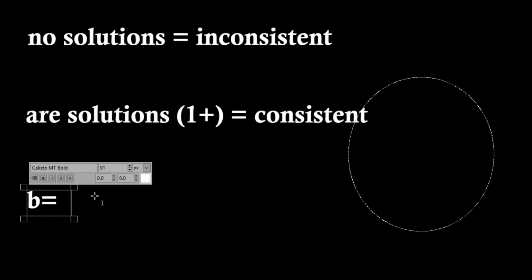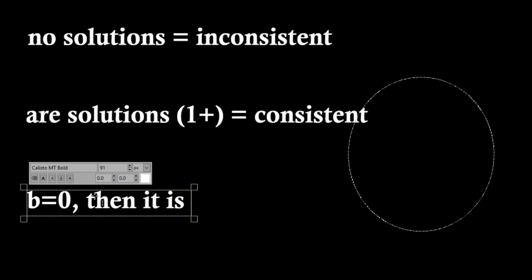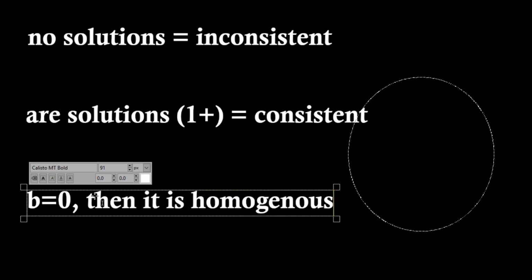If B ends up equaling 0, which means everything in it is 0, then we get a homogeneous function. Then we'll call it homogeneous. I hope I'm saying that right, and spelling it right. There we go. Is that right?